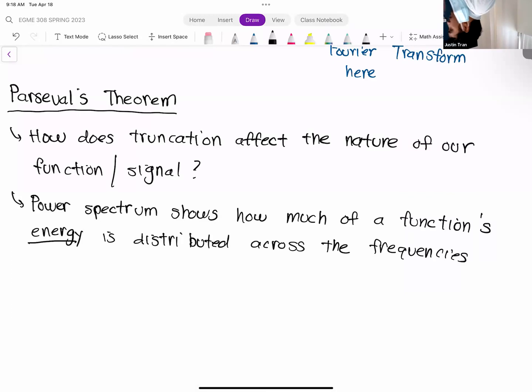The power spectrum is directly associated with how much energy is being distributed.